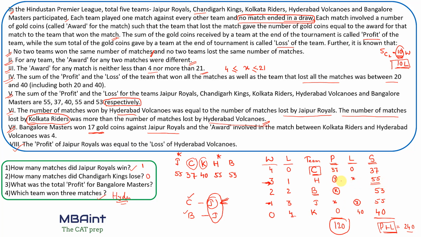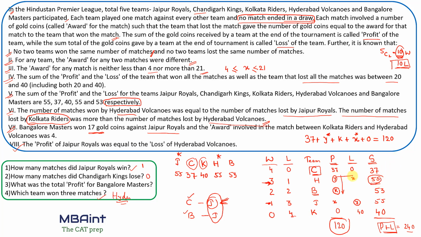So along this column, if we sum this up, we can find the value of k. Let's look at 37 plus this y plus this k plus this x plus this 0, which would equal 120. Now we know that the summation of x and y equals 55, right?